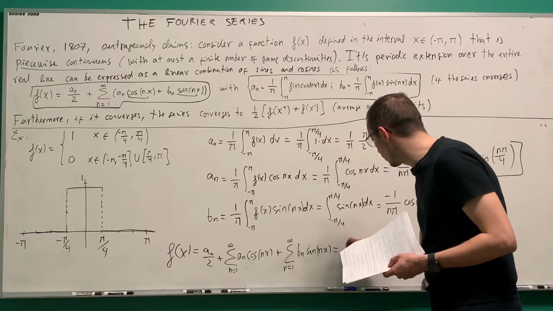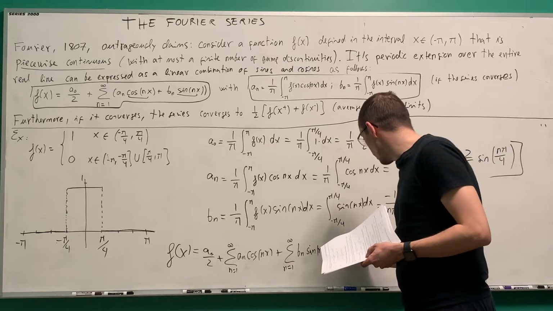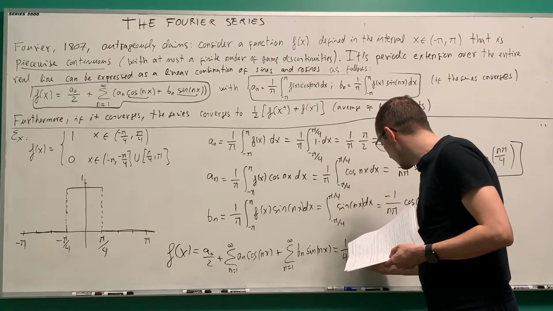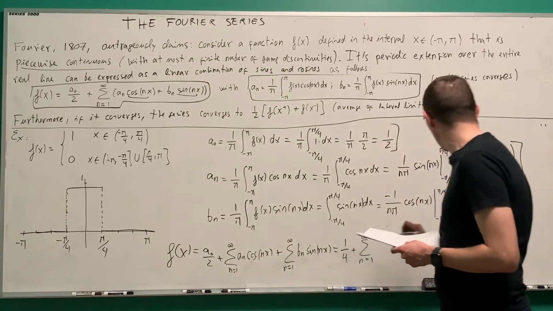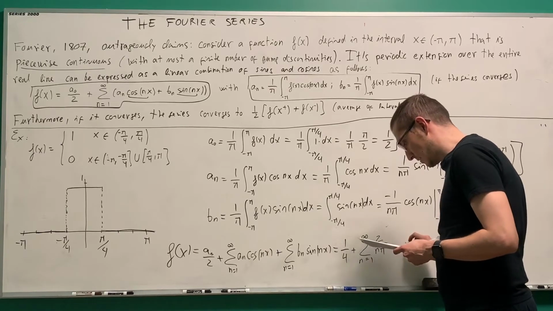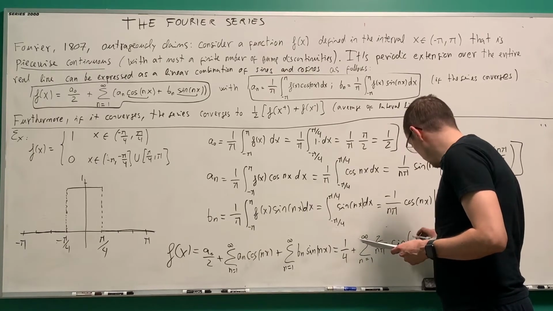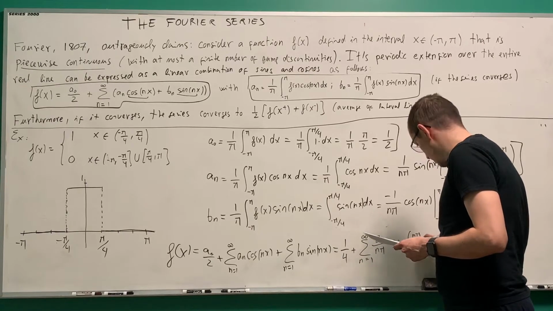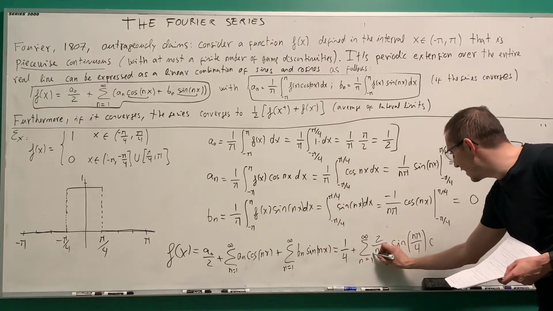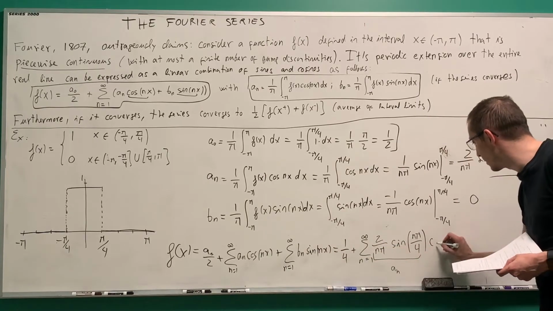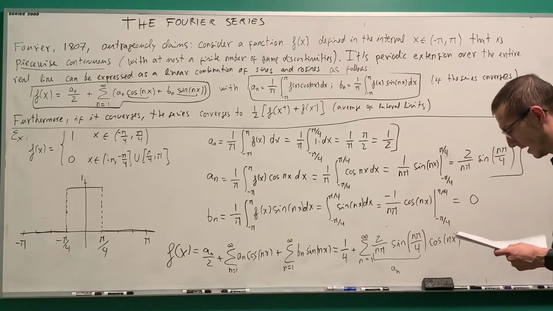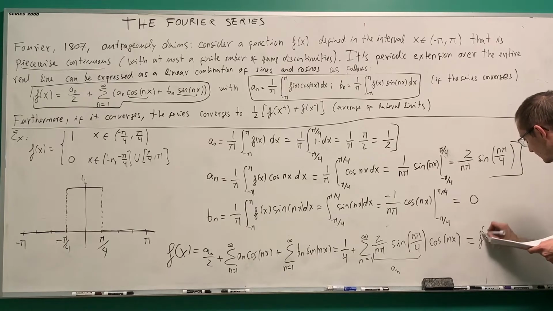All right, so if I substitute the coefficients, 1 over 2 over 2, 1 over 4, okay? And then plus sum n equals 1 to infinity of 2 over n pi sine of n pi over 4, and then the cosine, this is the an that we just computed, cosine of nx, and this is f of x.